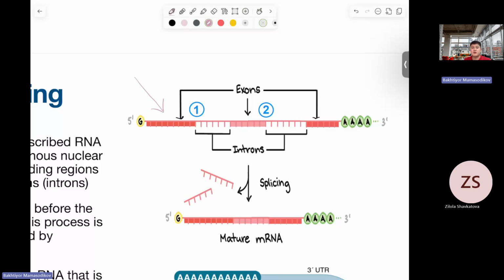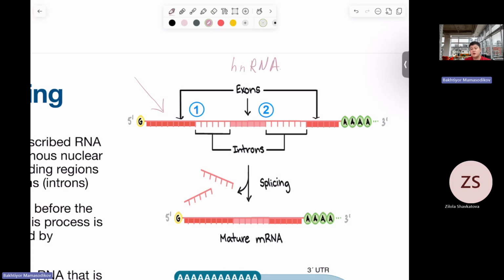Three main steps. First of all, splicing. What's splicing in the messenger RNA? This RNA, we call it heterogeneous nuclear RNA, needs modification. Why? Because we should remove the junk introns. Heterogeneous nuclear RNA contains the exons.